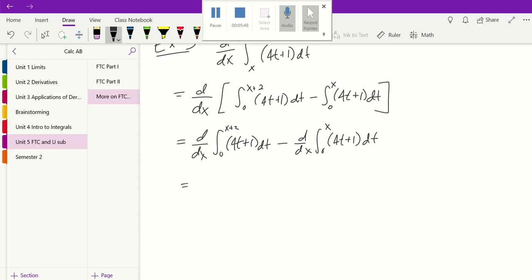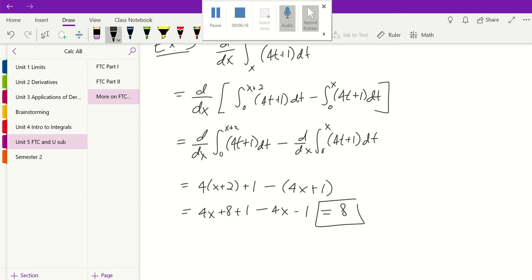For the first part, we can plug in the upper bound, x plus 2. So that is 4 times x plus 2, plus 1, minus 4 times x, plus 1. Distribute: 4x plus 8 plus 1 minus 4x minus 1. We just get 8.